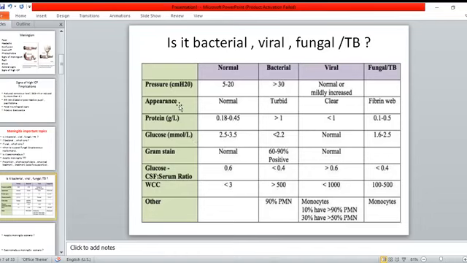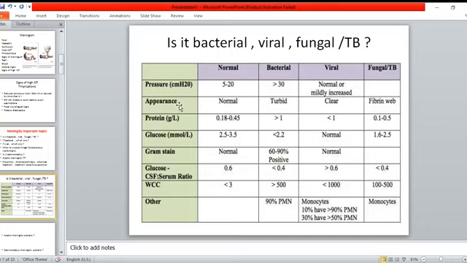Okay, so for example, if you're given the opening pressure for the CSF, and usually if the pressure is very high, what do we mean by very high? It means 40 or above. Almost always this is a fungal infection. So if the pressure is very high, you may think of two things: either a fungal, cryptococcal infection, or maybe tuberculosis.